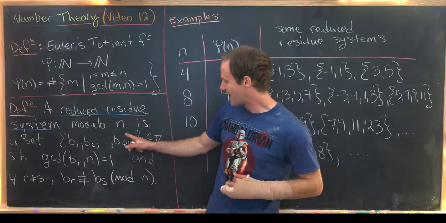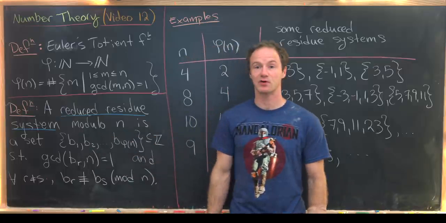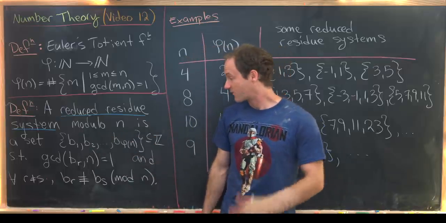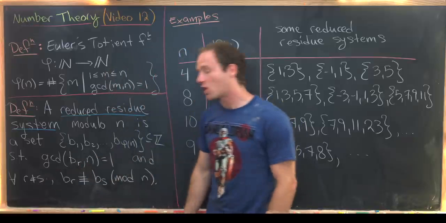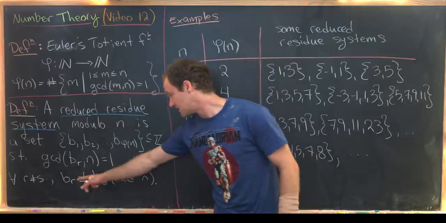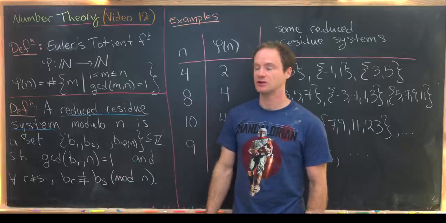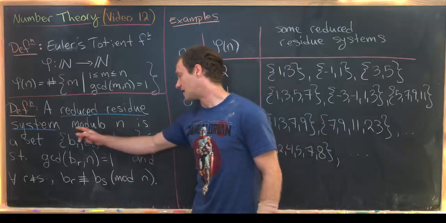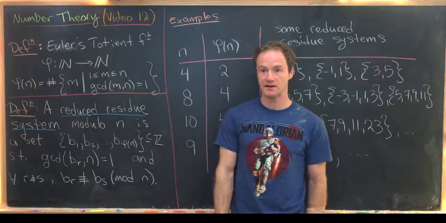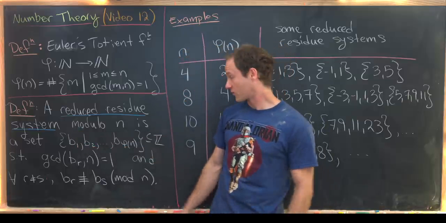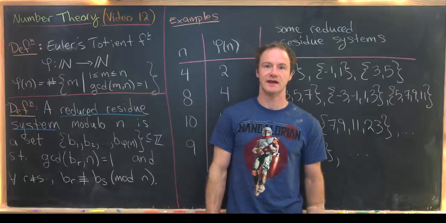In other words, every one of these numbers is relatively prime to n. And furthermore, if r is not equal to s, then b_r is not congruent to b_s modulo n. So these are all incongruent mod n, and furthermore, they are relatively prime to n.